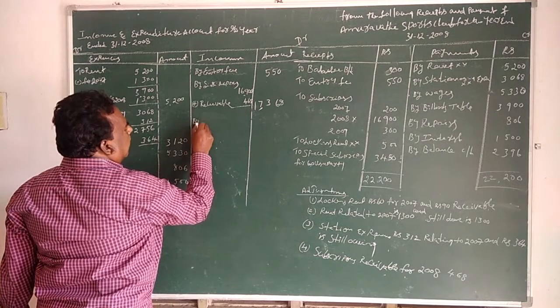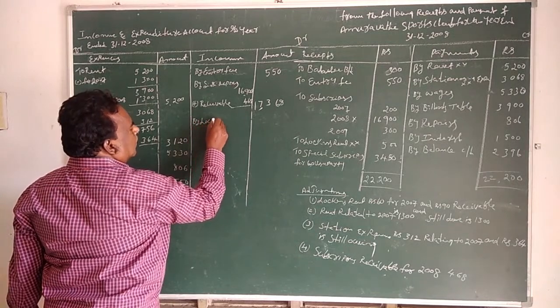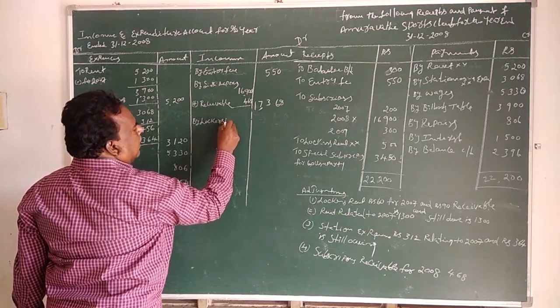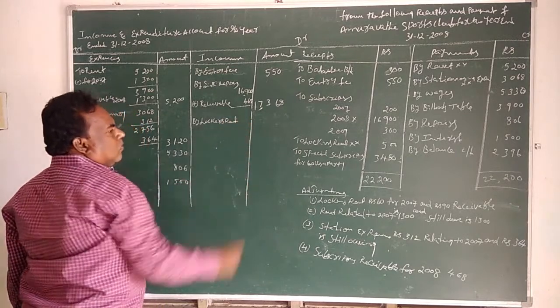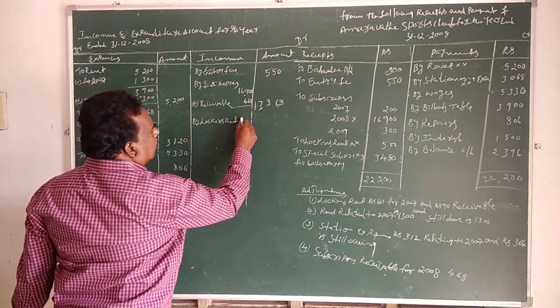Next, lockers rent, adjustments are there. By lockers rent 500.